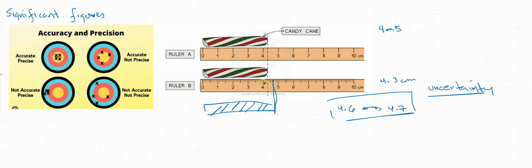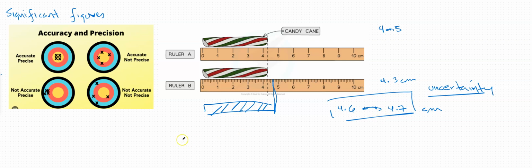We are in between 4.6 and 4.7. So we use significant figures to express the uncertainty in our measurement. You see, we are between 4.6 and 4.7, no less than 4.6, no more than 4.7. This is already one valid way, in centimeters, of course, to express our measurement.